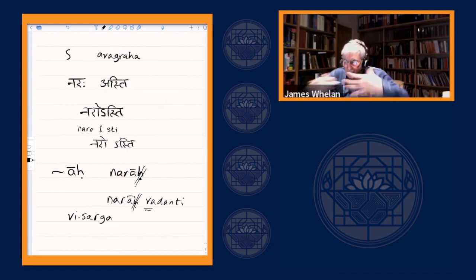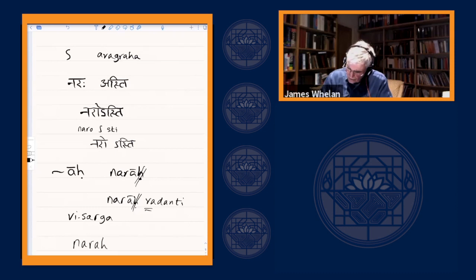Visarga just means expulsion, emission, like the puffing out of the breath, like a pushing out. And so before a soft vowel, it drops off, before a soft consonant, it drops off, and before any vowel, it drops off.